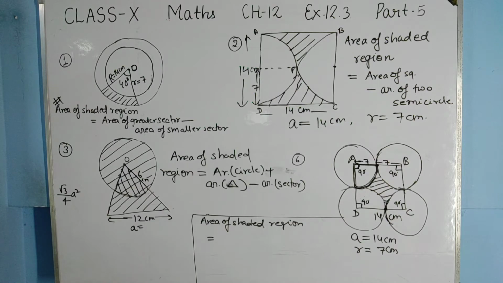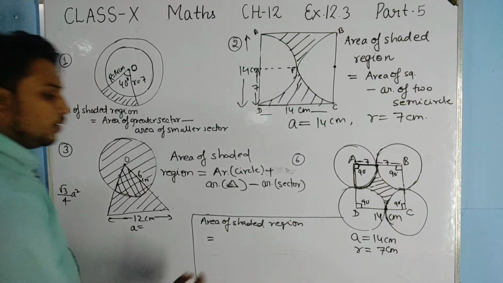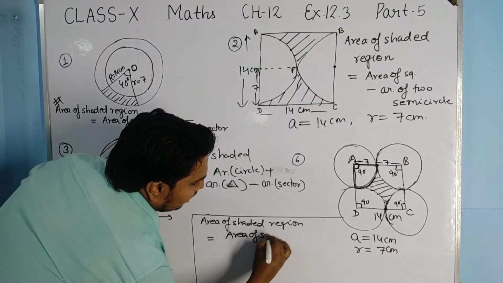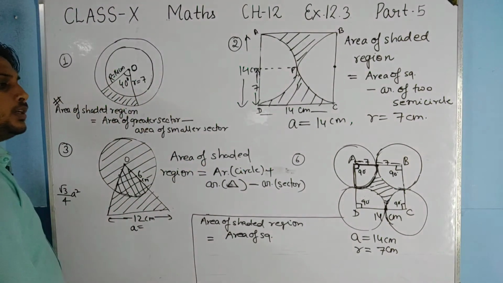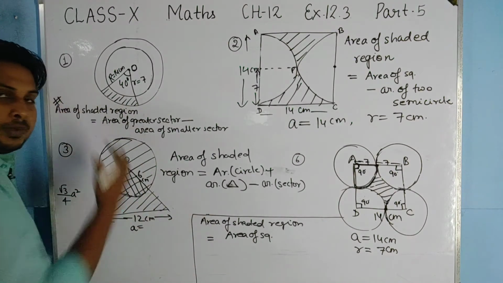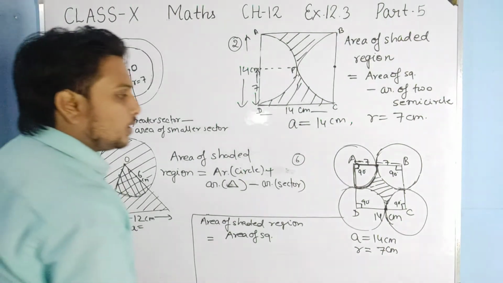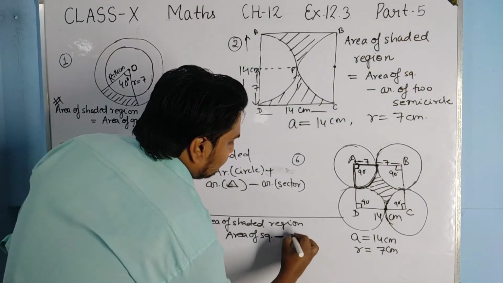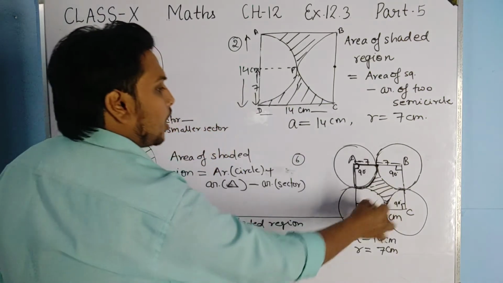What we will do, we will find the area of the square. That is very easy. So it is the side square. Okay, 14 square will be the area of this square. And from this square I am just subtracting 4 quadrants.